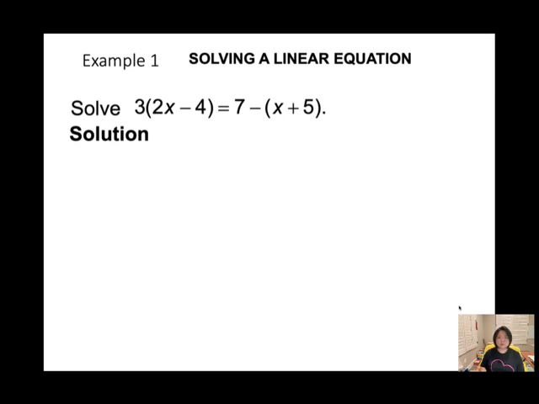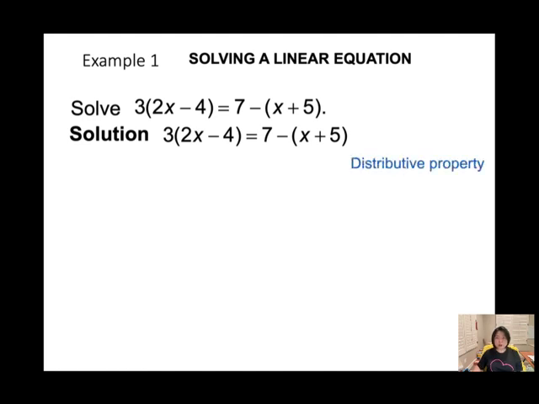First example, solving a linear equation. So we try to solve for the x in here. Double check, this is only first degree. This is a linear equation with one variable. Okay, so what are we going to do? First, distributive property.